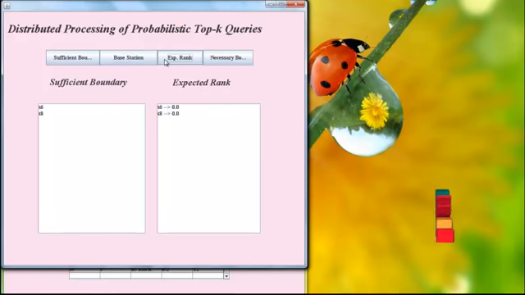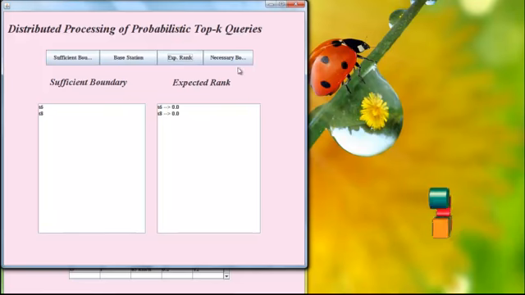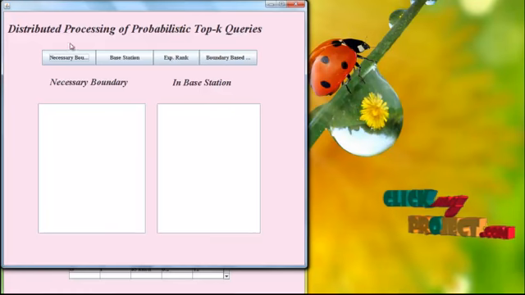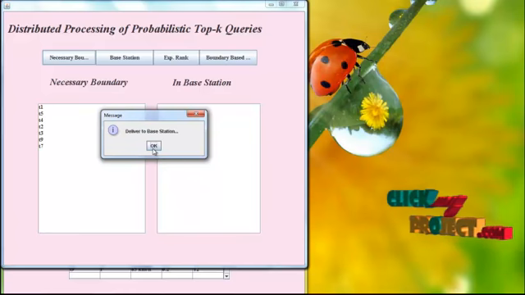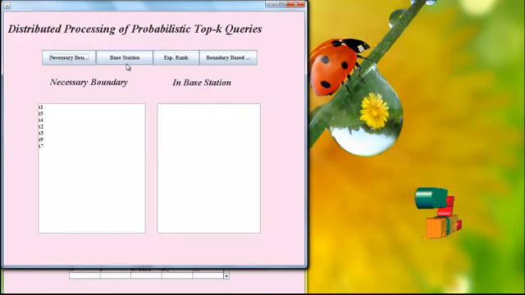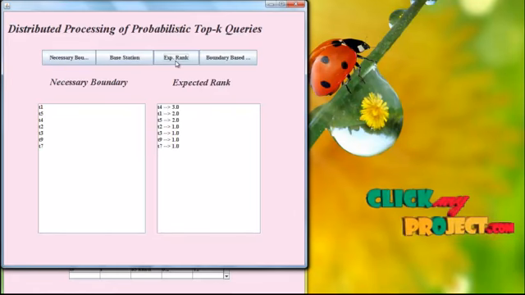Then we find the expected ranking, which is based on the probability, and move to the next, the necessary boundaries. In this necessary boundary, we determine which nodes are present in the necessary boundary and deliver those nodes to the base station. After the base station values, we calculate the expected ranking.